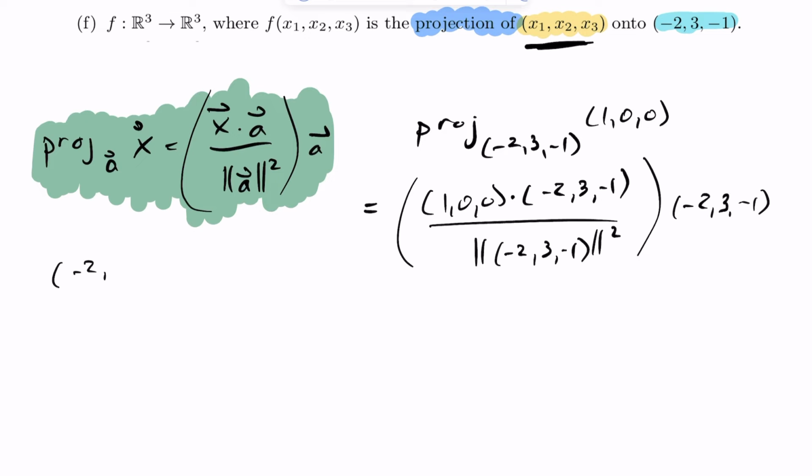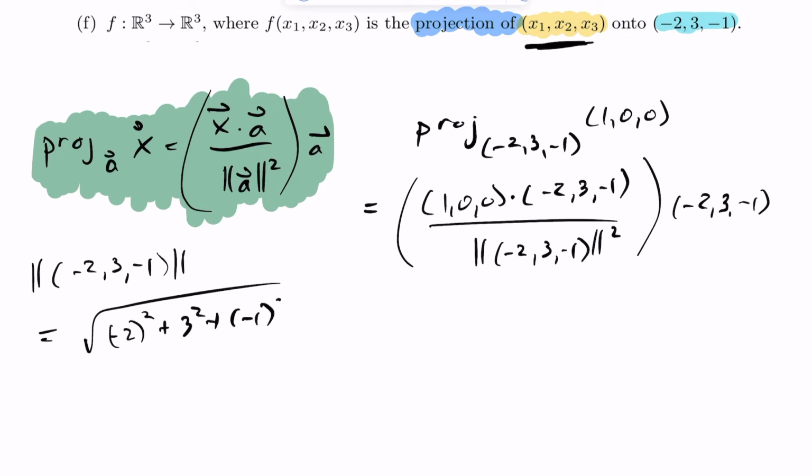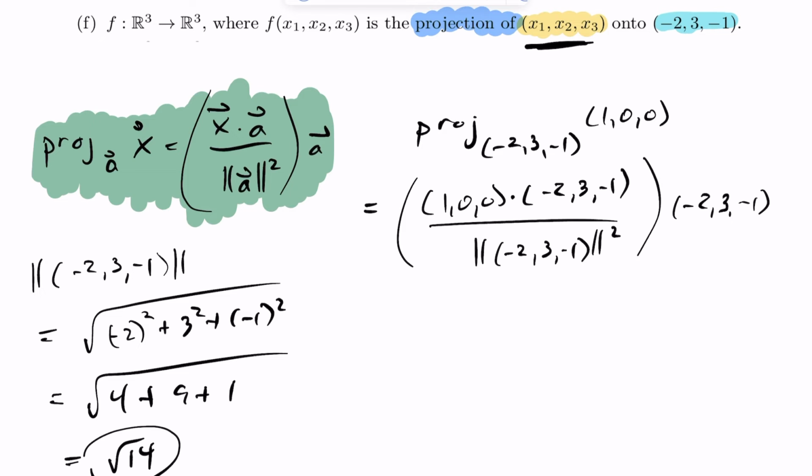Let's calculate the length of this vector. This is going to be the square root of -2 squared plus 3 squared plus -1 squared, and we're going to get 4 plus 9 plus 1, which is root 14. Again, we're squaring that.